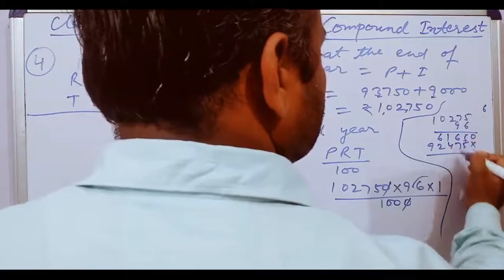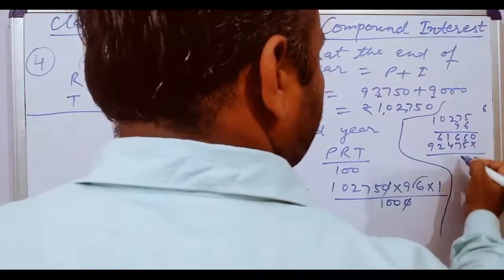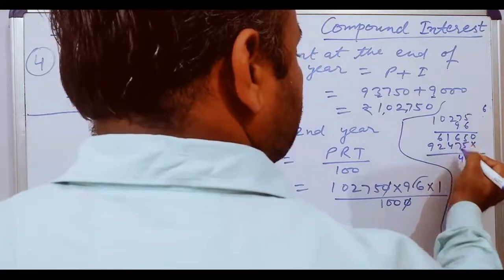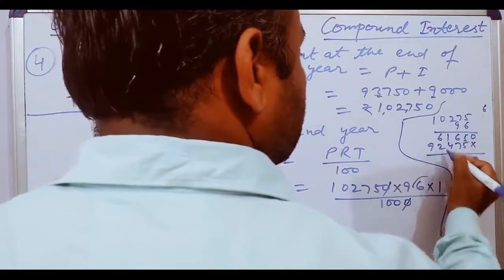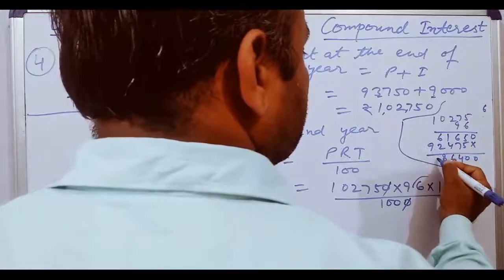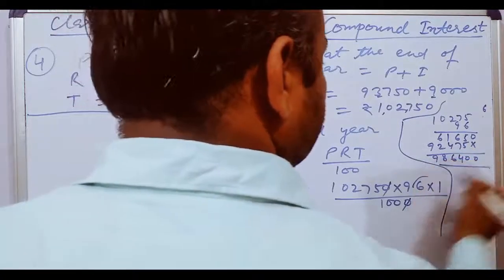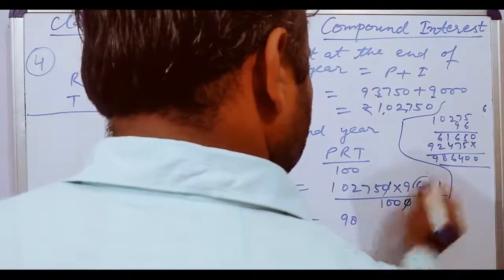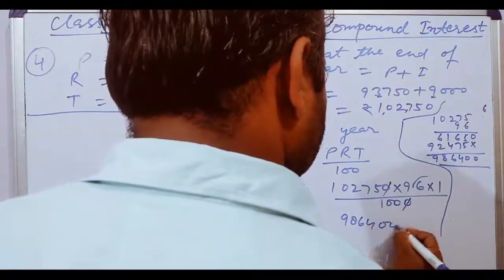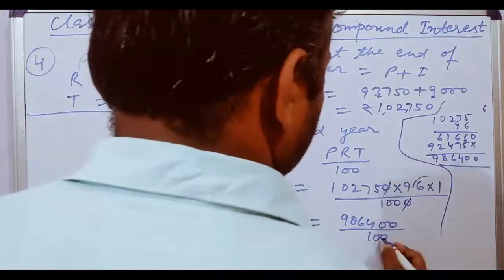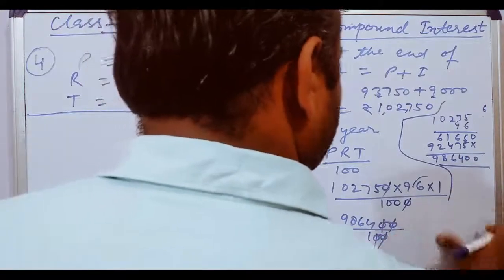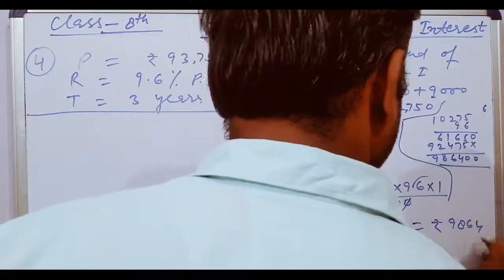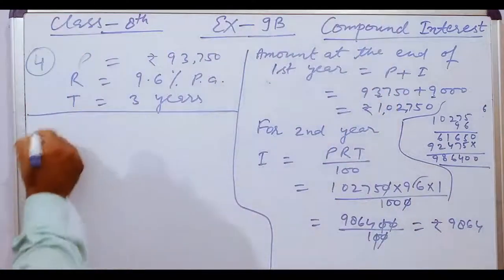Adding gives 986,400 upon 100. The zeros cancel. Then it is equal to rupees 9,864.